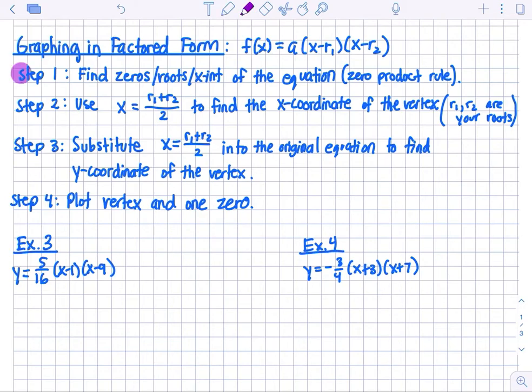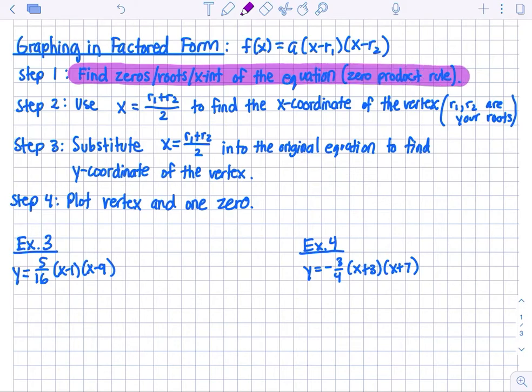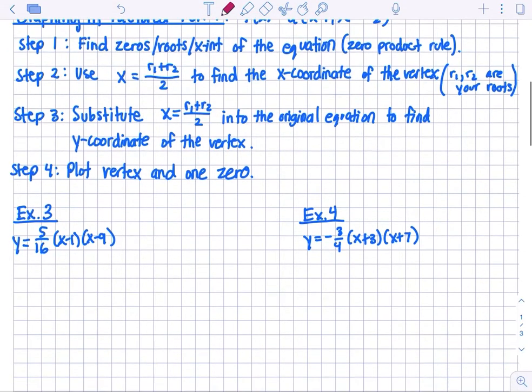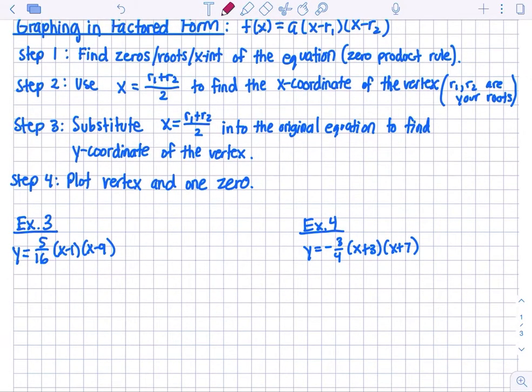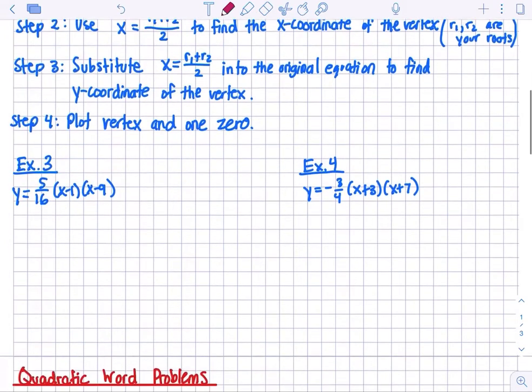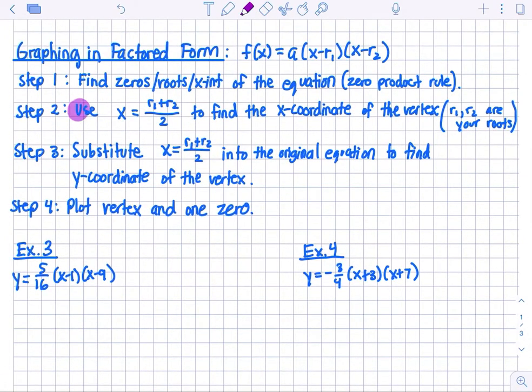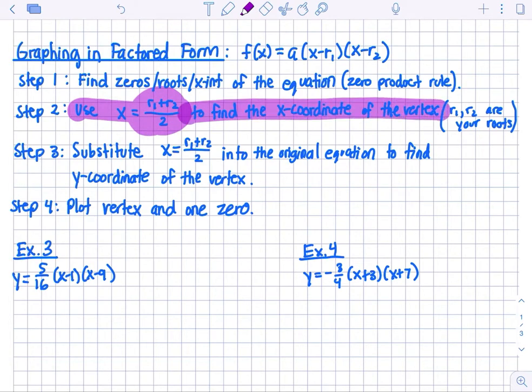So, step 1. Find zeros, roots, x-intercepts of the equation using the zero product rule. Okay, first, let's just read it all. This one, you have to use that equation in order to find the x-coordinate of the vertex.